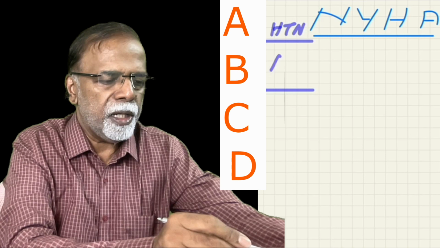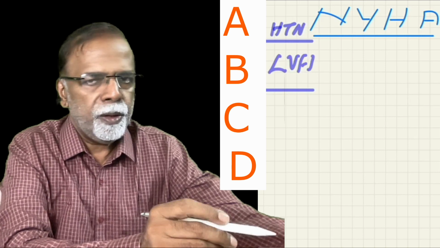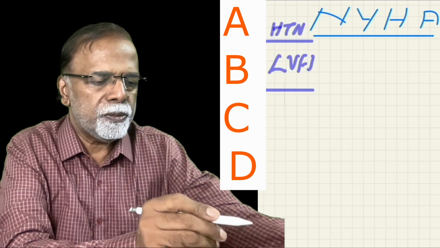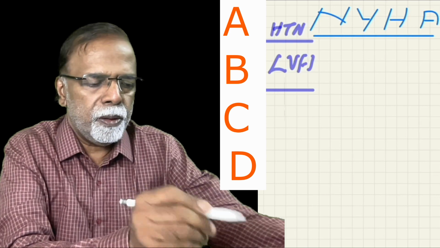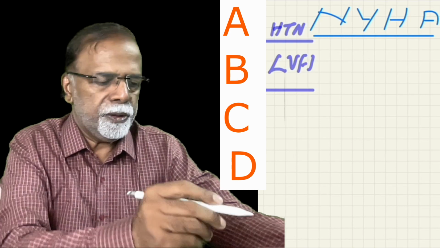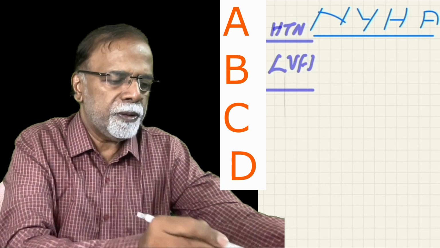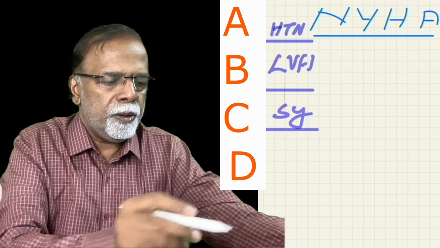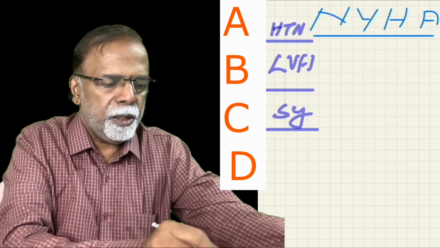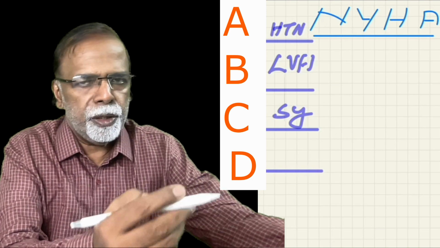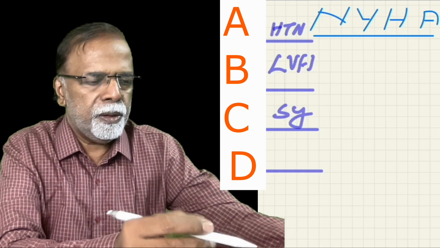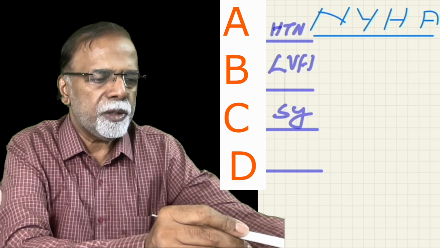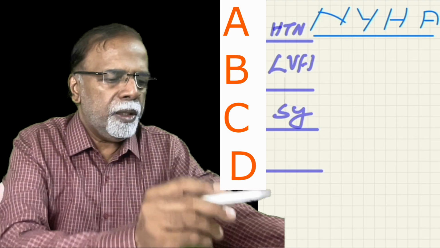For example, they have developed left ventricular hypertrophy. So this is an example of stage B disease. Stage C means they have got symptoms. Stage D, they are very severely affected. Significant, disabling symptoms are there.